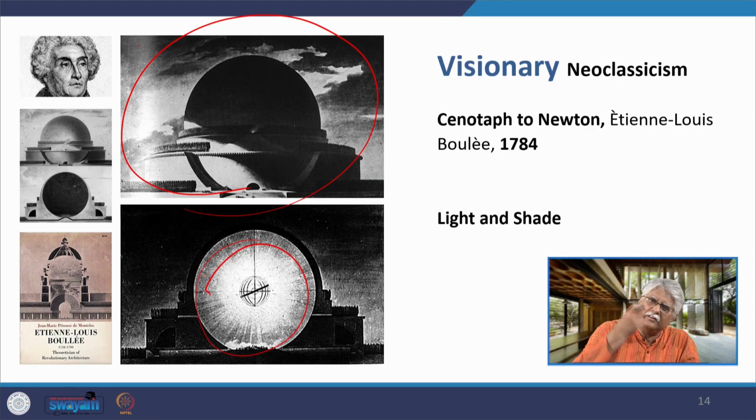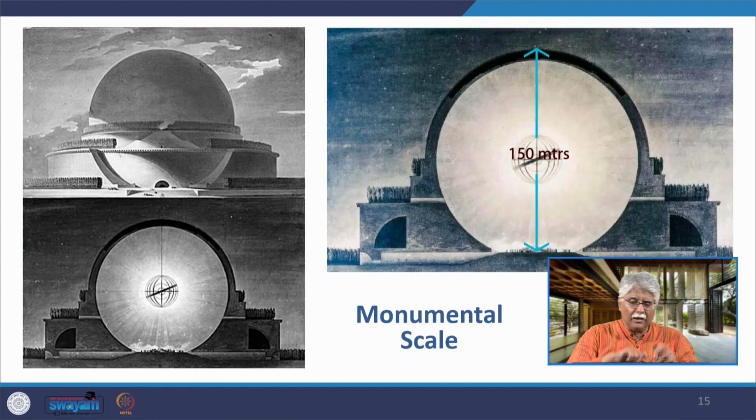So, in the daytime when the light filters in, it will look like a night sky with stars. In the night it will have a huge lantern hanging in it and light it up like it is daytime. So, it reverses day to night, night to day, and he envisioned this at a massive monumental scale, 150 meters high.